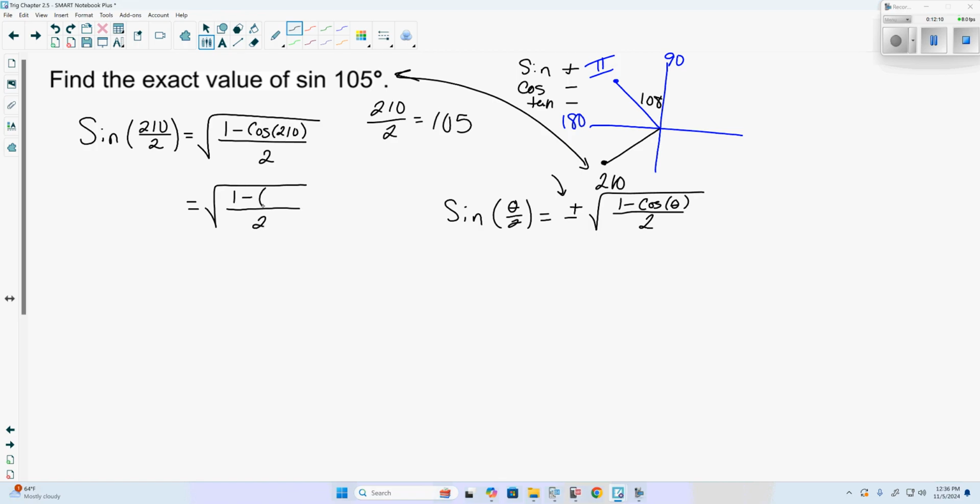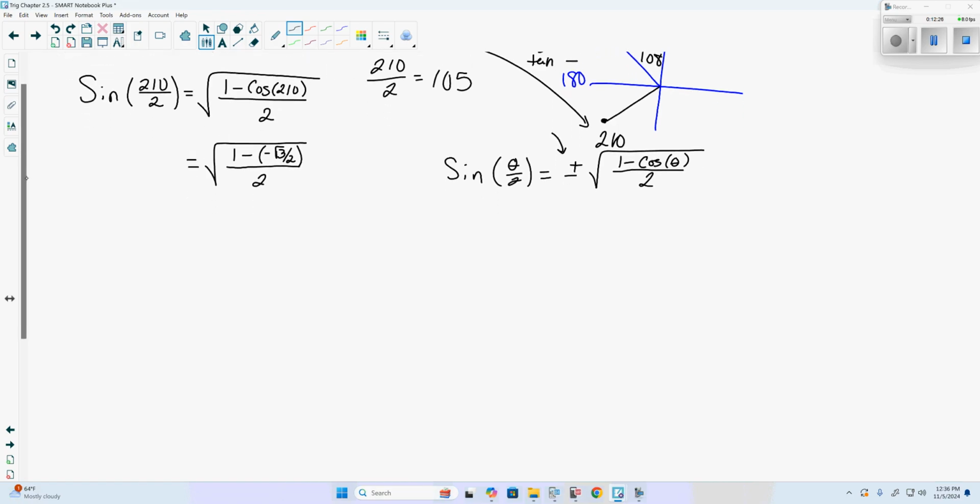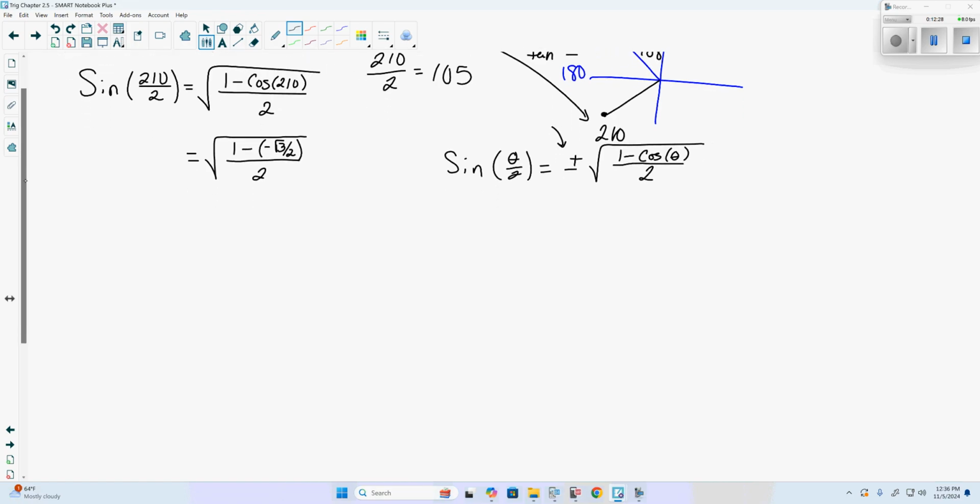Now at this point, we can use the unit circle. That's the whole reason we're doing this, to be able to find the value of cosine of 210 degrees. Cosine of 210 degrees is negative square root 3 over 2. Luckily for us, we can type everything inside the radical into the calculator.